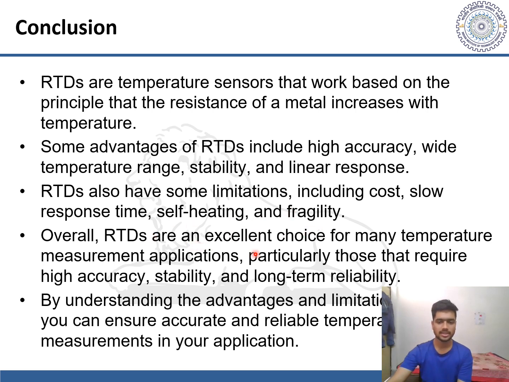But RTDs are an excellent choice when high accuracy, stability and a long life cycle are required, such as in space shuttles and rockets. By understanding the advantages and limitations, we can choose the RTD of our choice based on the construction and use it in a mechanical device or any other instrument.